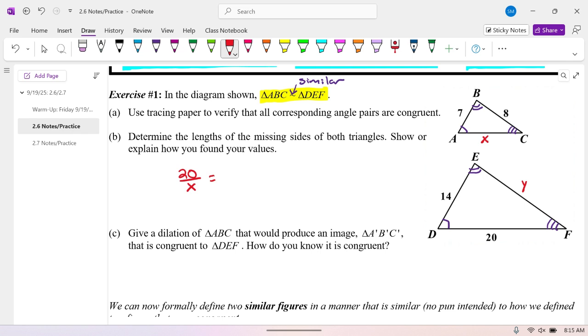So if the angles are congruent, it's going to be the same shape. Right. Yeah, good job. So we look at the one side that they did give us that's an accurate proportion, which was the 7 and the 14. All right. Those are the corresponding sides, so it should equal 14 over 7.